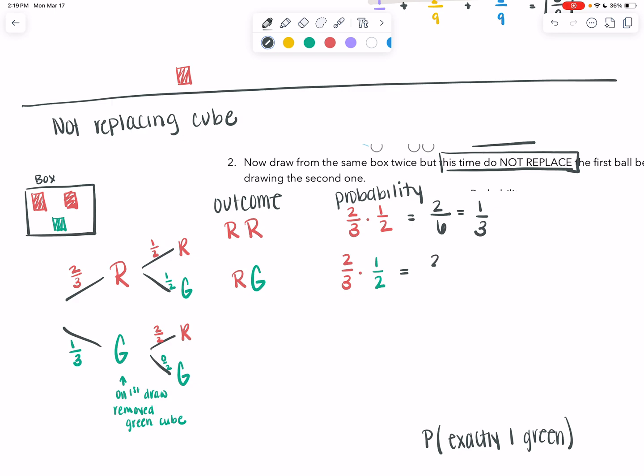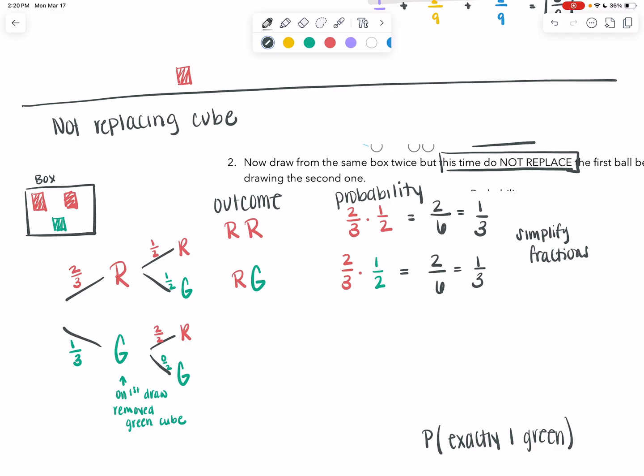Multiply straight across the top, straight across the bottom, and simplify. Make sure you do simplify those fractions. I don't care if you just simplified at the very end, but you do make sure that you simplify before you give out your final answer.